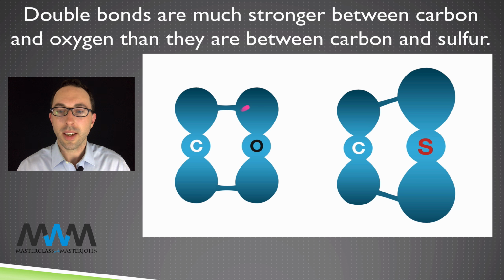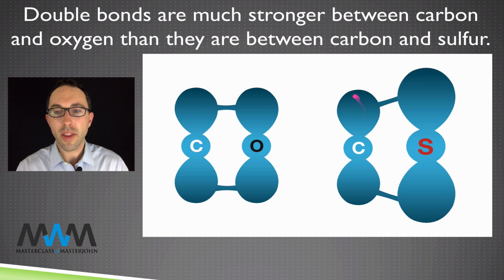By contrast, carbon and sulfur would share their first bond straight across from one another along the horizontal axis. But like carbon and oxygen, they're also going to share their second bond in a double bond through the vertical axis that's parallel to one another.